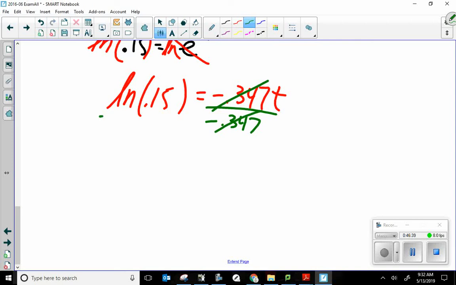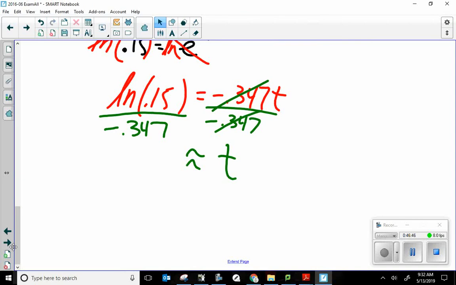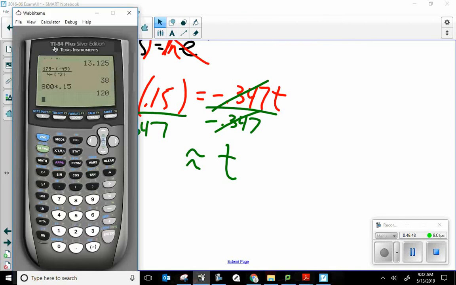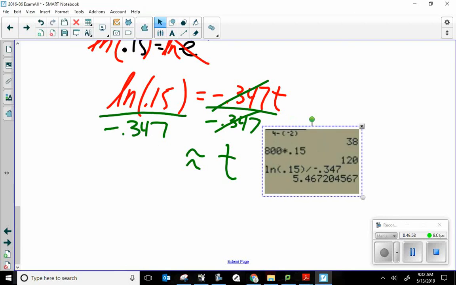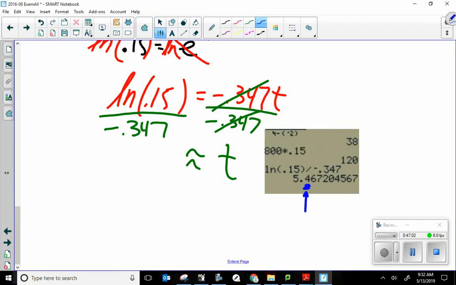So t is approximately, I take the ln of 0.15 and I divide that by negative 0.347. 5.46, they want that to the nearest tenth, which means that 4 will round up to a 5.